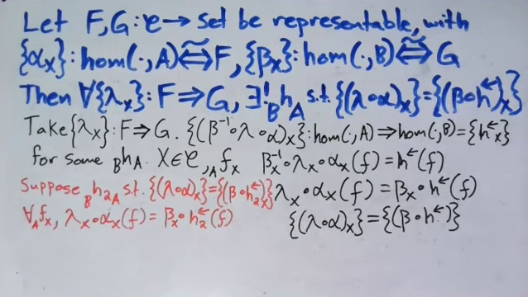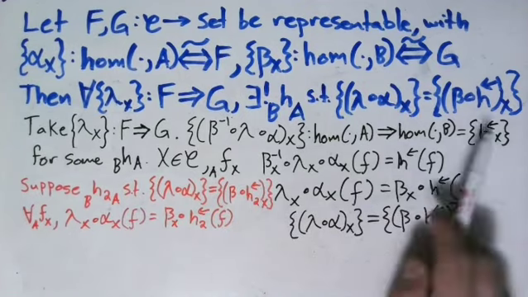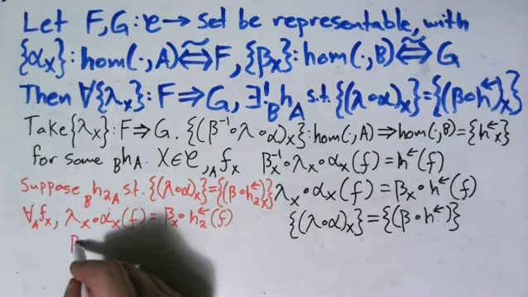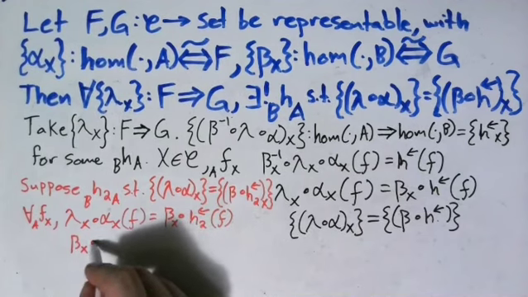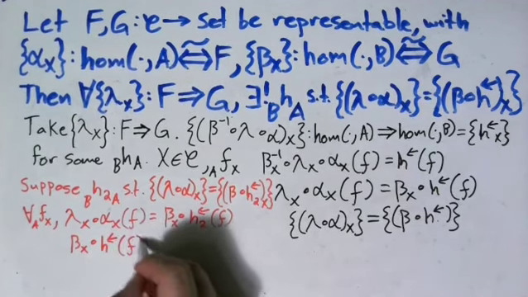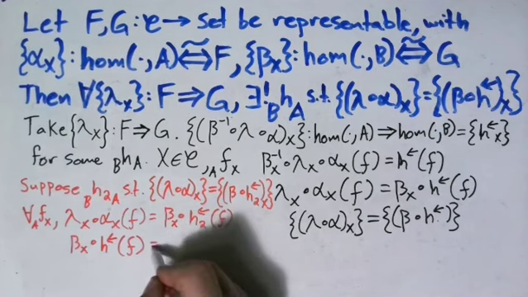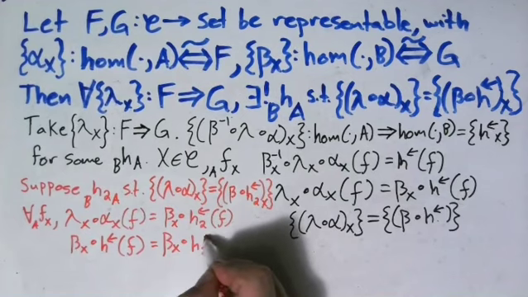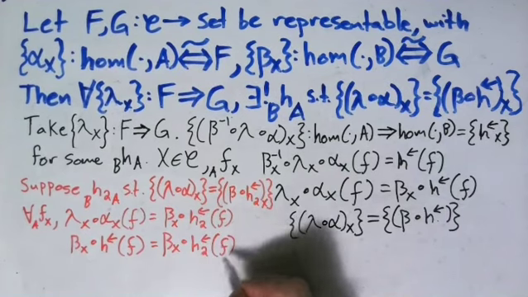But remember that this equation still applies for h too, so not h2 but h as well, this h here. So let's add that one to this side instead. So we know that this side is equal to beta x after "followed by h" applied to f, which is the same as beta x after "followed by h2" applied to f.